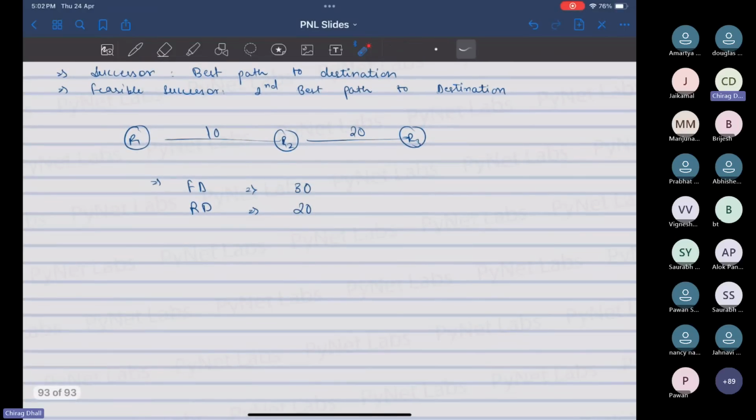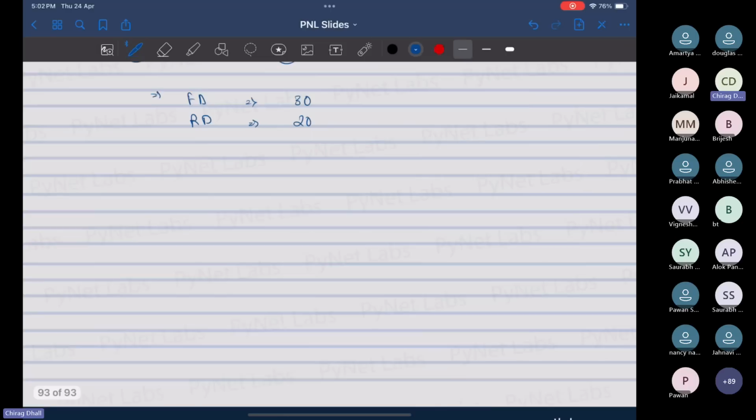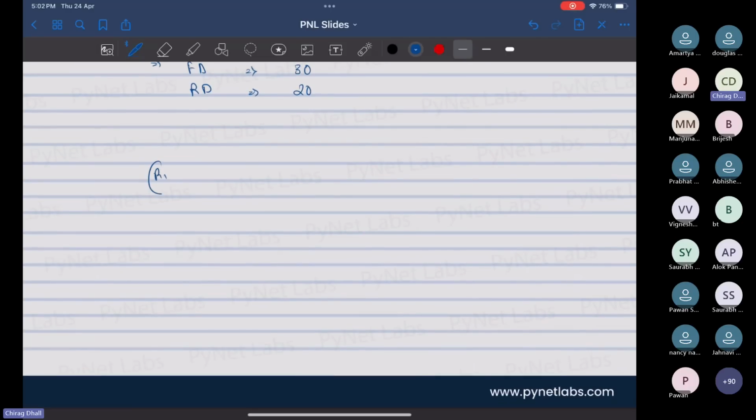Whatever is the best path will be considered as successor. And if you have a second best path to reach the destination, that will be your feasible successor. For example, again, R1 is connected to R2, R3, R4, and all are connected to R5.